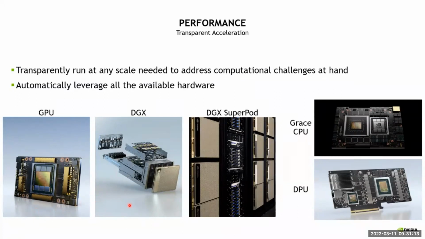Or maybe you have a system like our DGX systems with multiple GPUs, and so being able to scale up to all of the GPUs you have. Well, what if you have something as large as a DGX SuperPOD or some other large GPU cluster? Well, we can run that same code up to that scale as well. And in the future, maybe you'll have a Grace CPU or an NVIDIA DPU, and the code should be able to leverage those as well, being able to leverage all of the hardware that you have available to you.